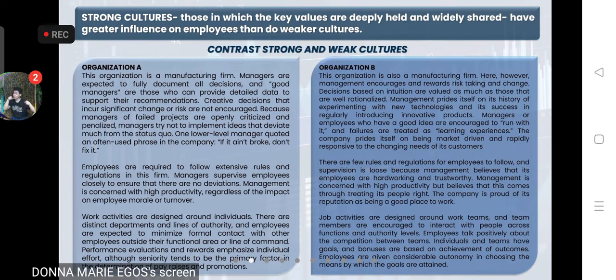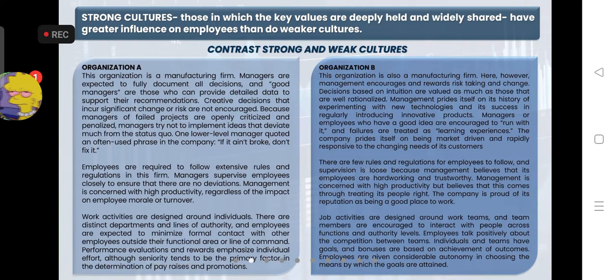Here is the description of organization A. It is a manufacturing firm. Managers are expected to fully document all decisions, and good managers are those who provide detailed data to support their recommendations, and creative decisions that incur significant change or risk are not encouraged.